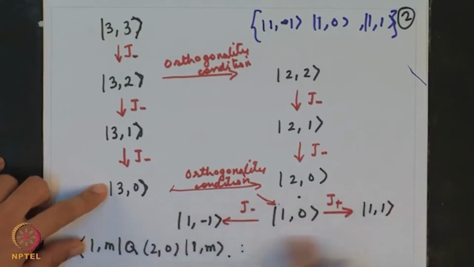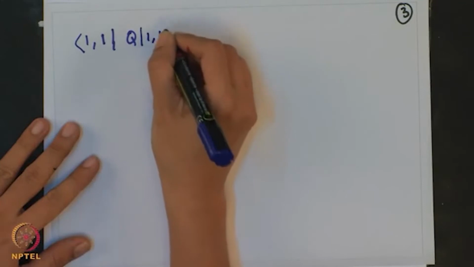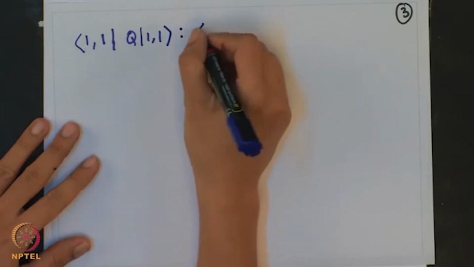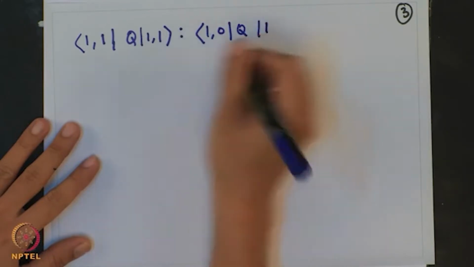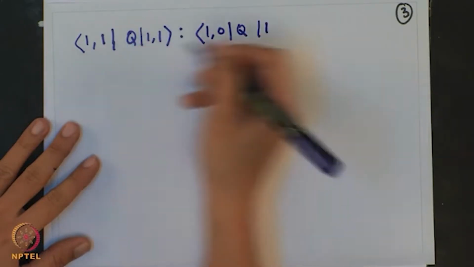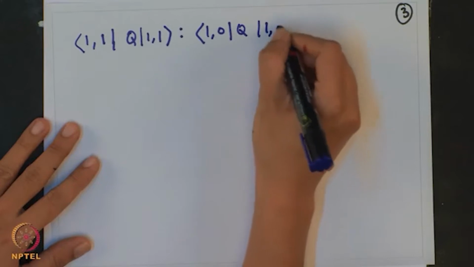So, this is your final end product that is required. The ratio that we want to calculate is 1 1 to 1 0. I am dropping this q 2 comma 0 term because of space issue.